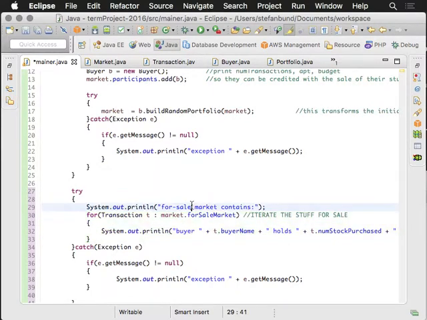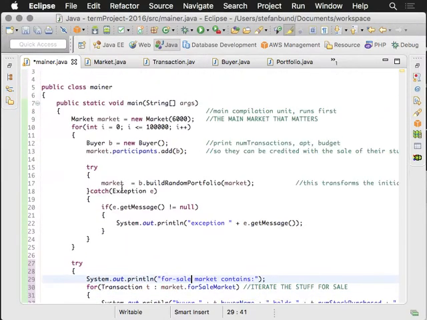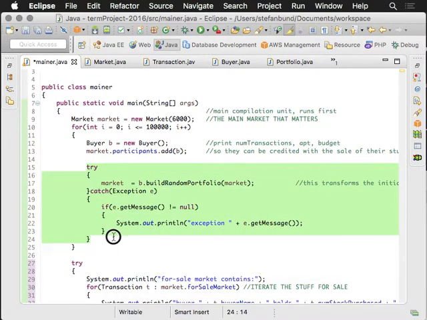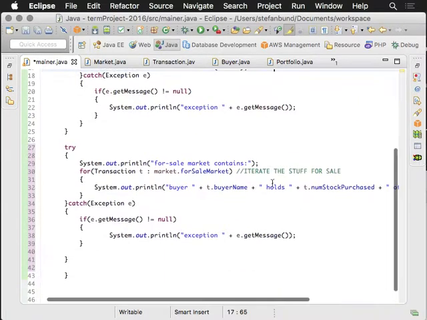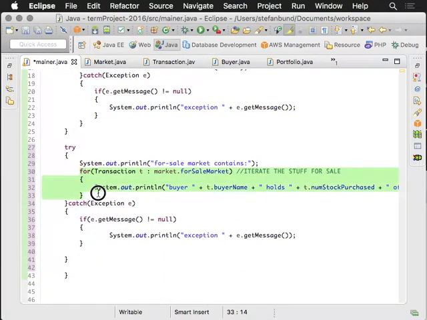But most likely that's going to be already ready for you because you have that for sale market that's printing out right there. But let me say this: the reason why I bracket this in try-catch is because try-catch causes Java to execute this code within its main thread, so that nothing else will take place until this is finished. So it says, go ahead and make your market first, and then we'll prove that the for sale market exists afterward.